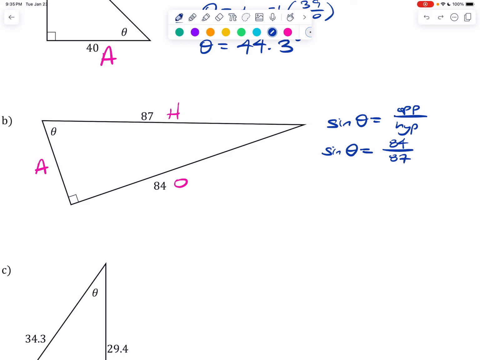So theta is opposite sine of 84/87. And you've already punched this into your calculator. But in mine, this says 74.9 degrees.